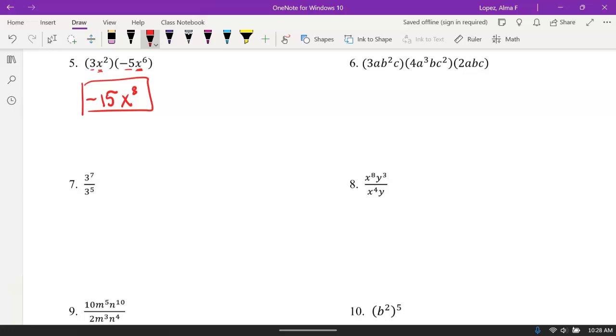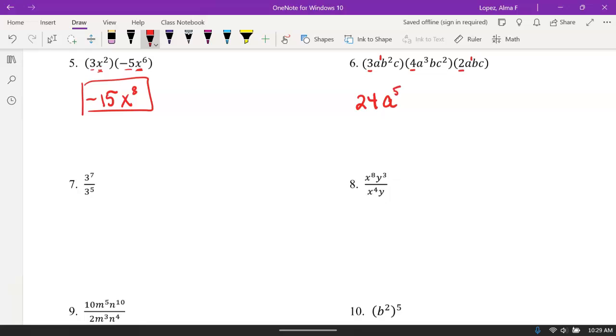When I'm multiplying 3 pieces together, I don't see any exponents on the outside of the parentheses, so I'm just going to take care of the like parts. 3 times 4 times 2 is 24. Then I'll take care of the A's. I've got 1A, 3 A's, and 1 more A that are being multiplied together. Because they're like bases, I add their exponents, and that's how we get A to the 5th.